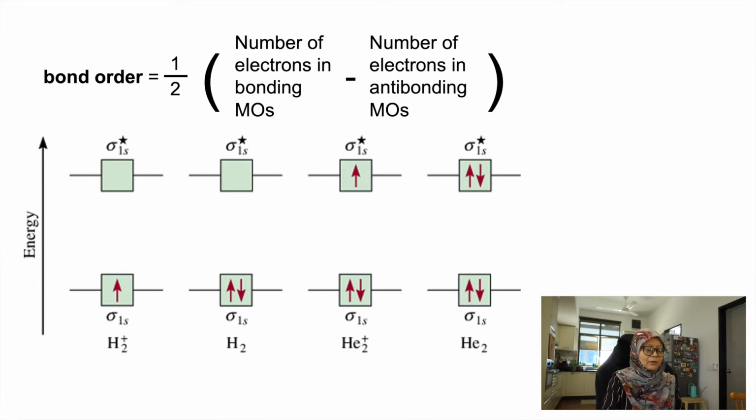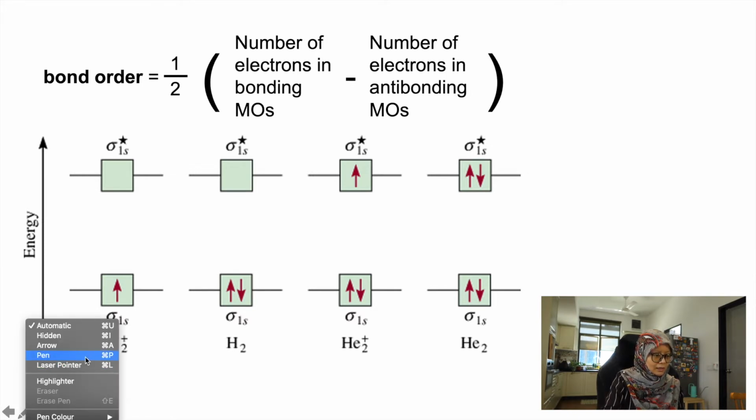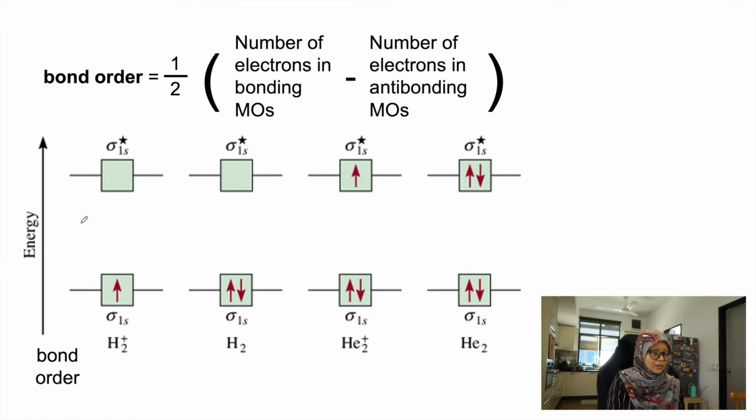Let's calculate for the first example, which is H2 plus. The formula is half times the number of electrons in bonding, which is the sigma 1s, minus the number of electrons in anti-bonding MOs.